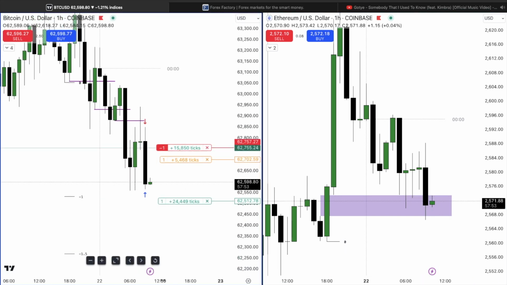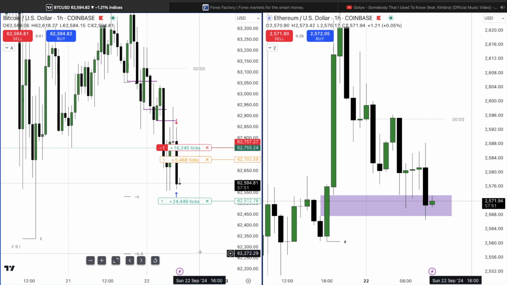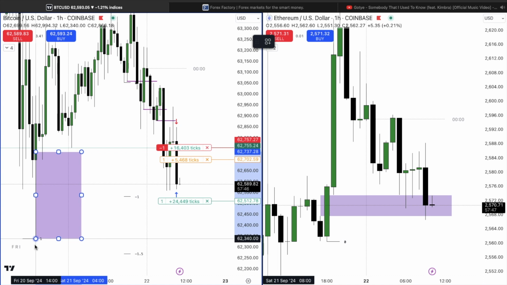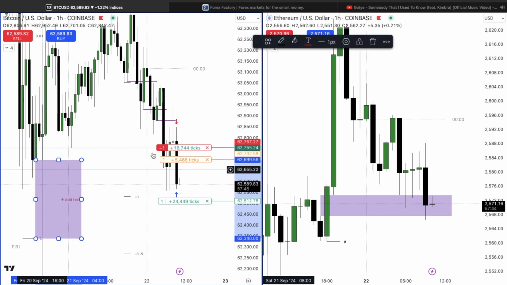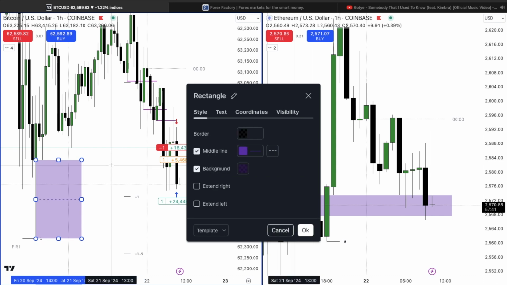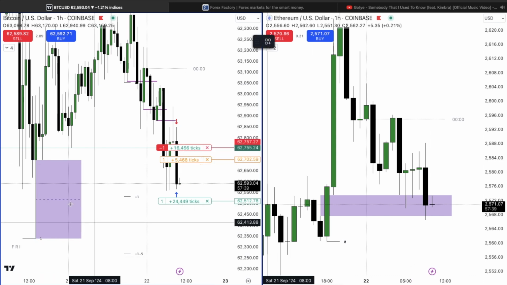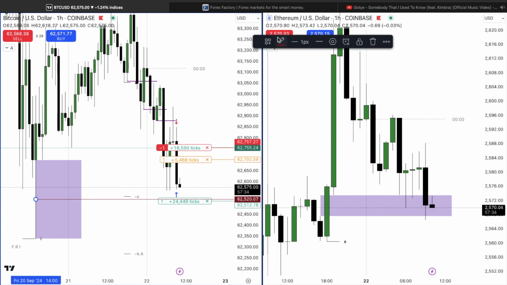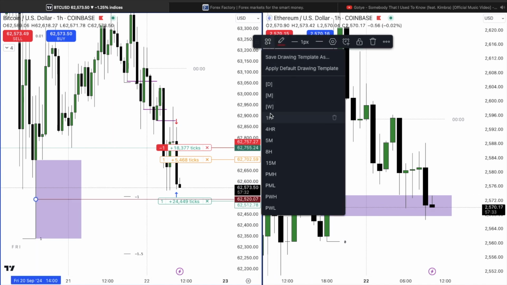Let's look at our 1 hour now. We got this big wick from Friday, so let's go ahead and take the 50% range of the wick. That's actually right where our TP's at. Look at that.